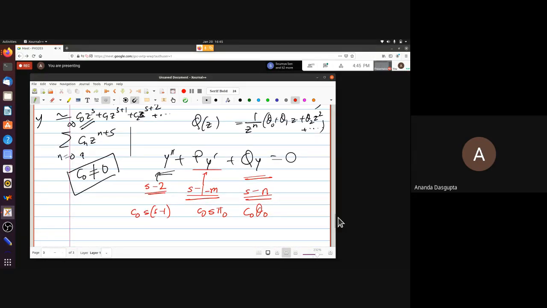Now, when you add the coefficients of the lowest power together and equate that to 0, that gives you the indicial equation. What kind of an indicial equation will you get? Will it be linear, quadratic, or what? Quadratic.